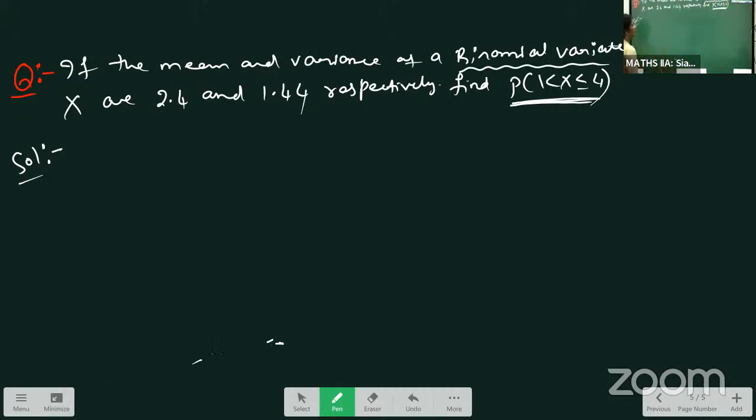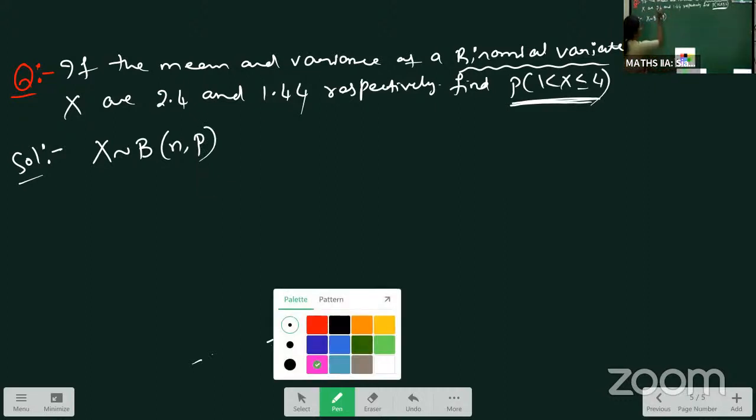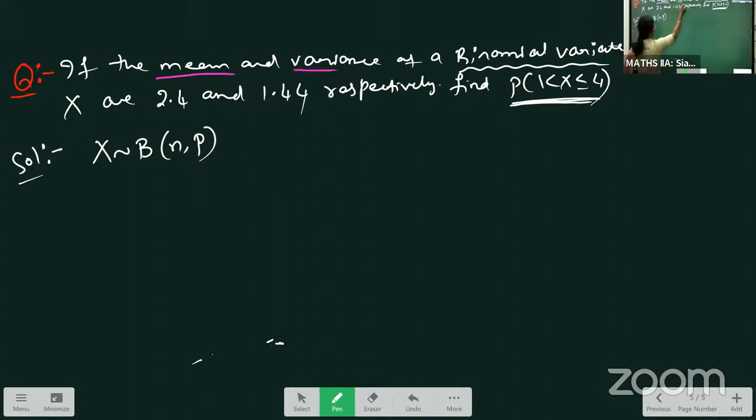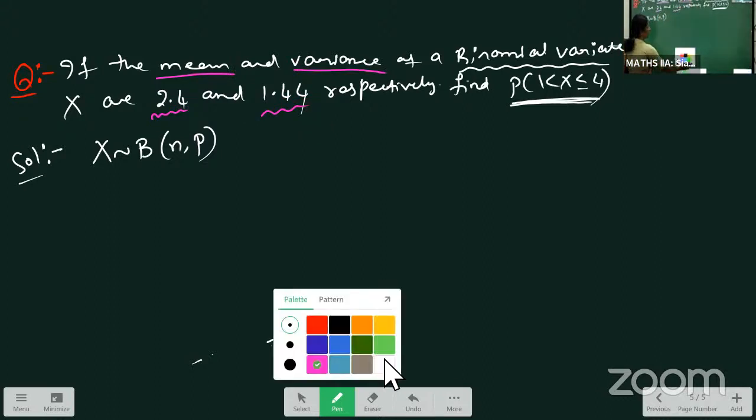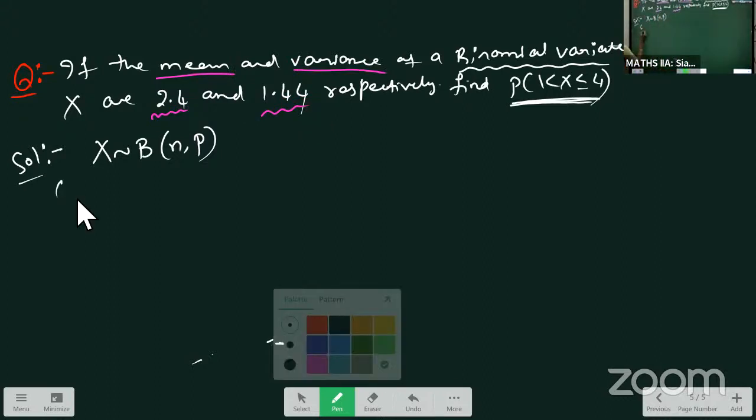So the first step is to write X follows B(n, p). Now two values are given: the mean and the variance. Mean is 2.4 and variance is 1.44.